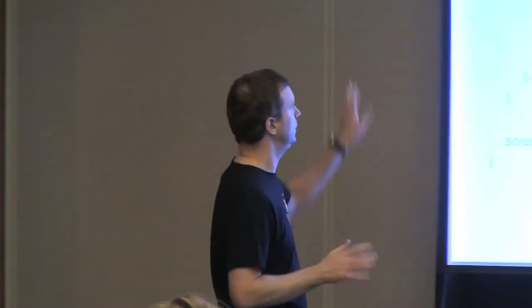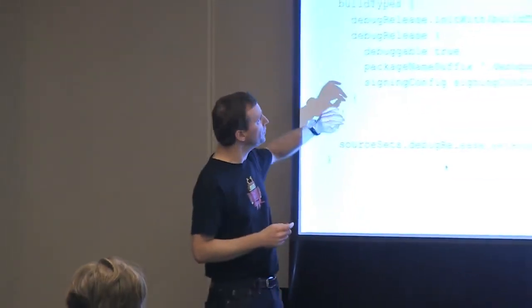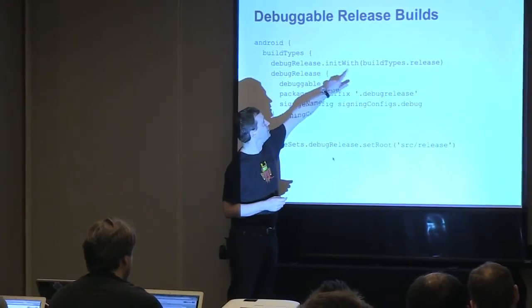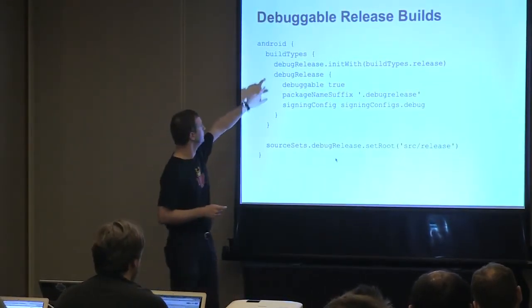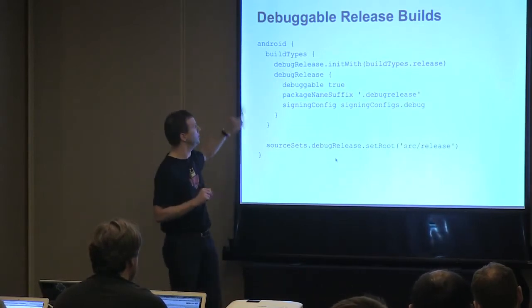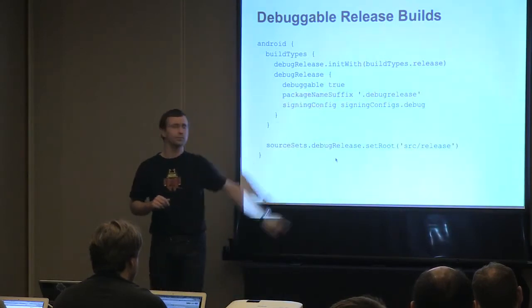So here, through the DSL, we just say, okay, let's have a debug release type. And here, the part that I really like about the DSL is that we added that initWith method on a build type. And so by just first accessing debugRelease, it's just going to create the debugRelease object of type build type. And then it's just going to copy whatever is within the release one. Right?